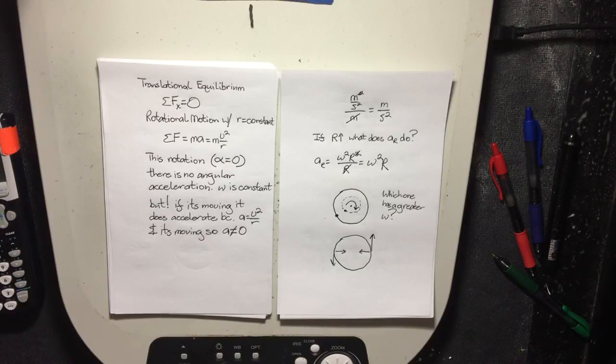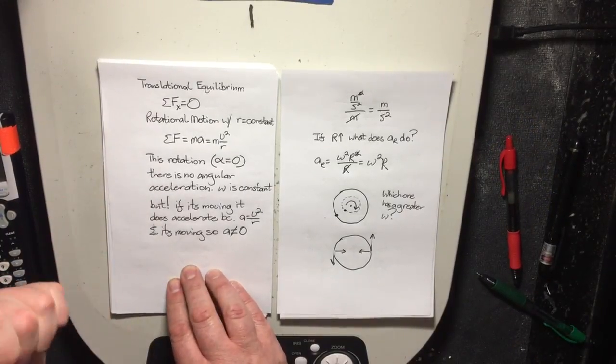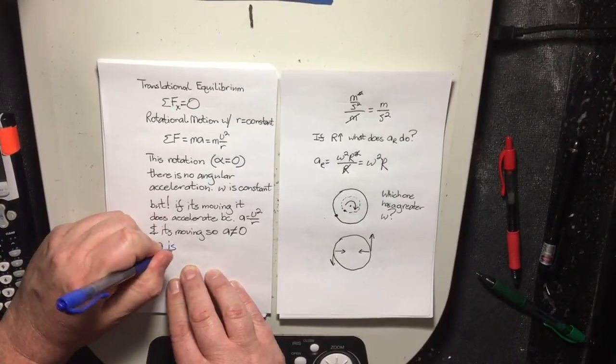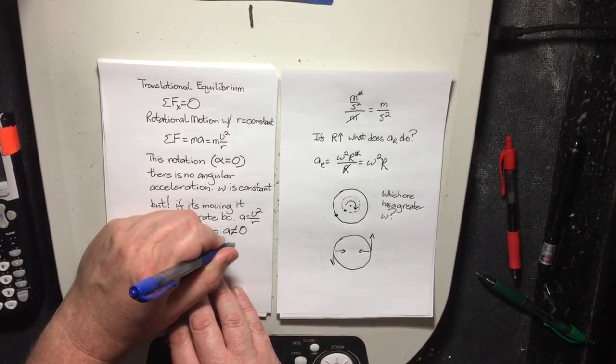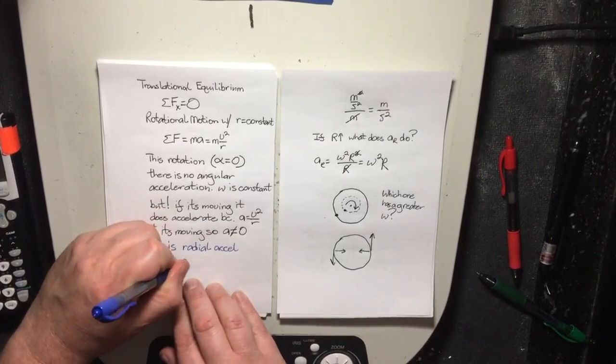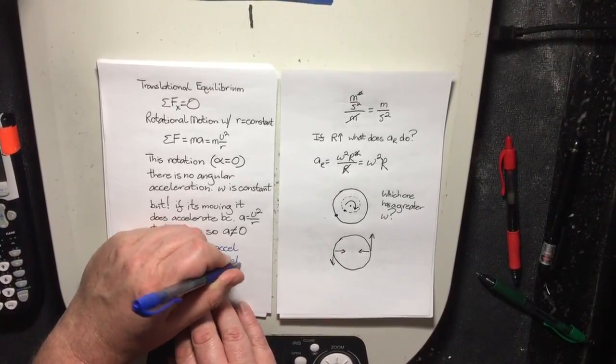But if the object is spinning up or spinning down, spinning up would be rotating more quickly with every turn. Spinning down would be decelerating with every turn. And really, it just comes down to a is radial acceleration, alpha is angular acceleration.